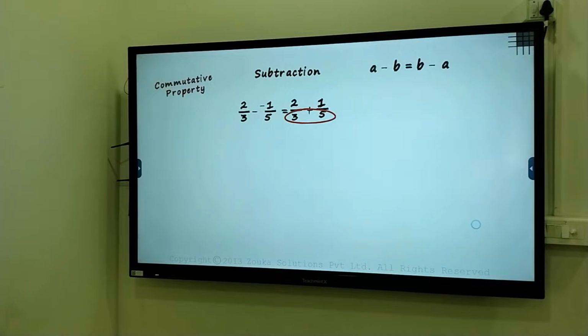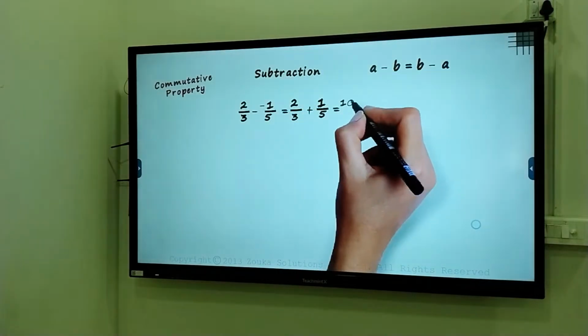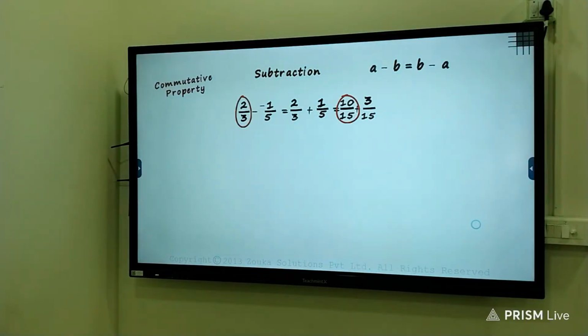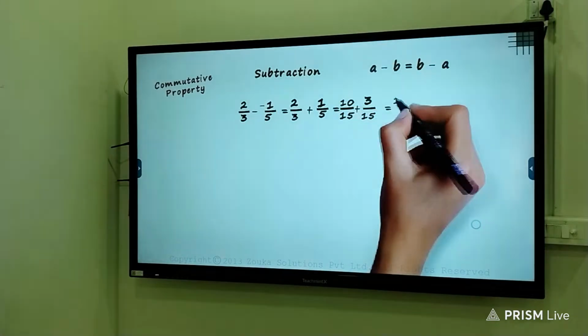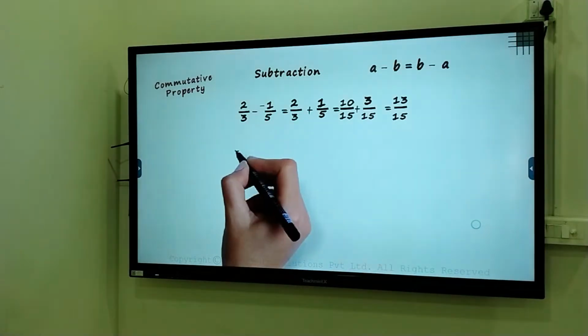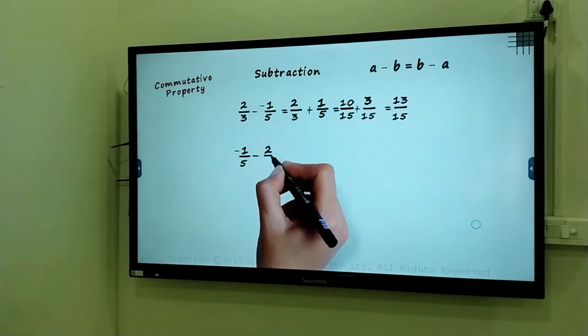Making the denominator same, we can write this as 10 by 15 plus 3 by 15. This is 2 by 3 and this is 1 by 5. Adding the numerators over the denominator, we get 13 by 15 as our answer. Now let's try minus 1 by 5 minus 2 by 3.